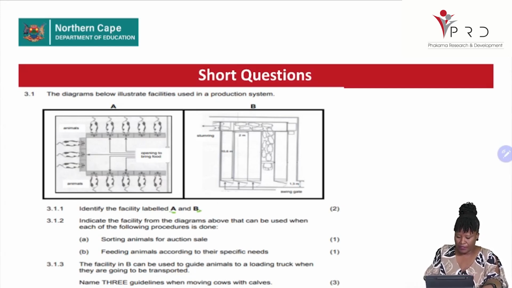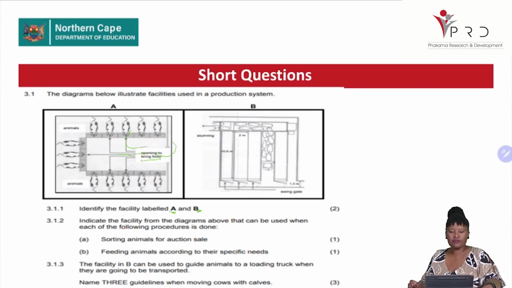What is happening on facility B? You can see facility A, there are openings to bring food. So when you are bringing food, you get in here to make sure that the animals get food. So already it informs you that this facility is meant for feeding.